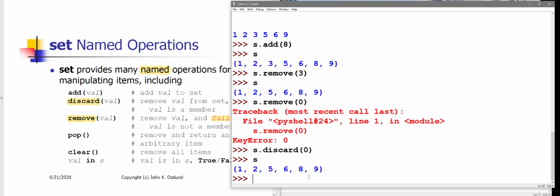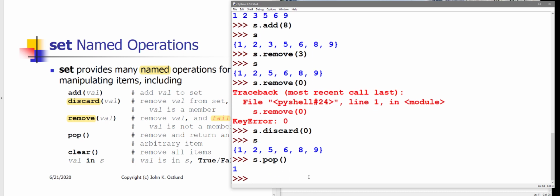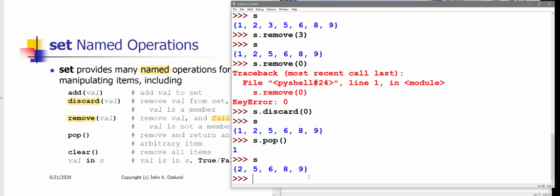Now, we also have a pop method that will remove and return some arbitrary item from the set. We happen to get 1, but that's not guaranteed. So the 1 is now eliminated from the set and was returned to us.